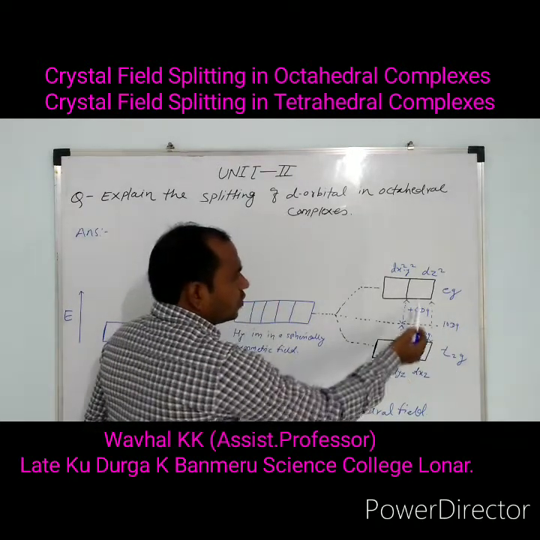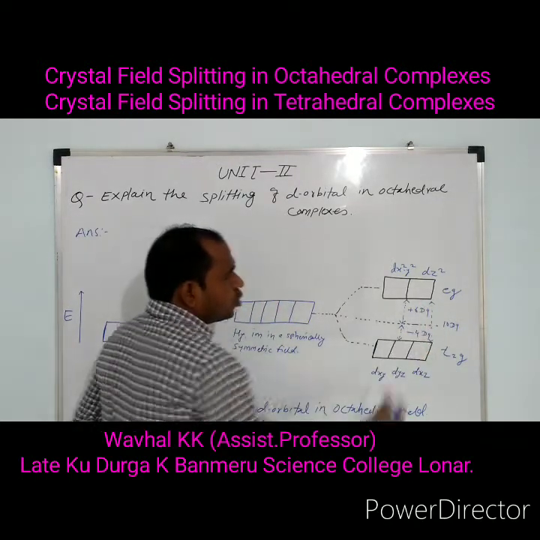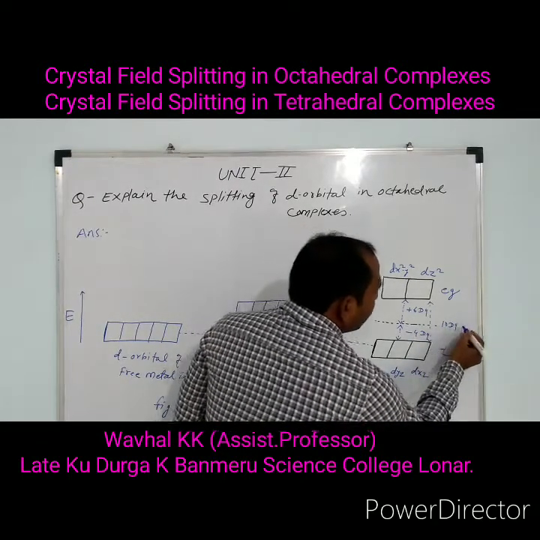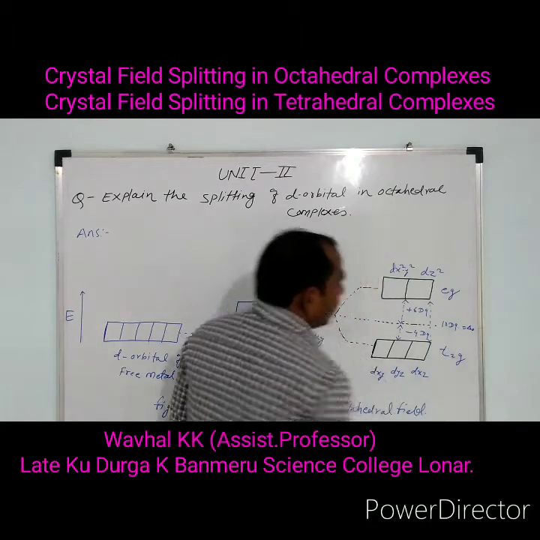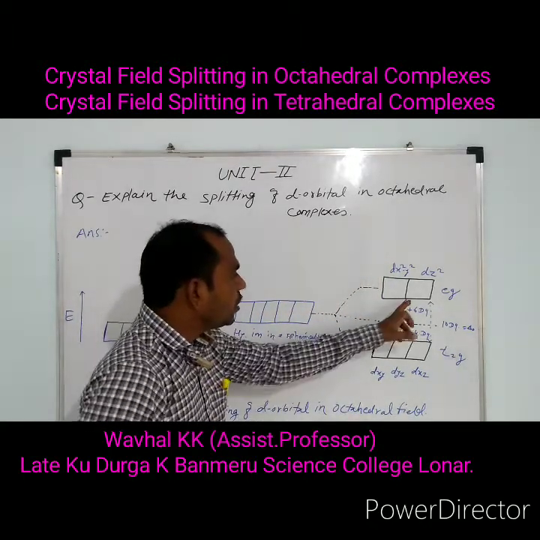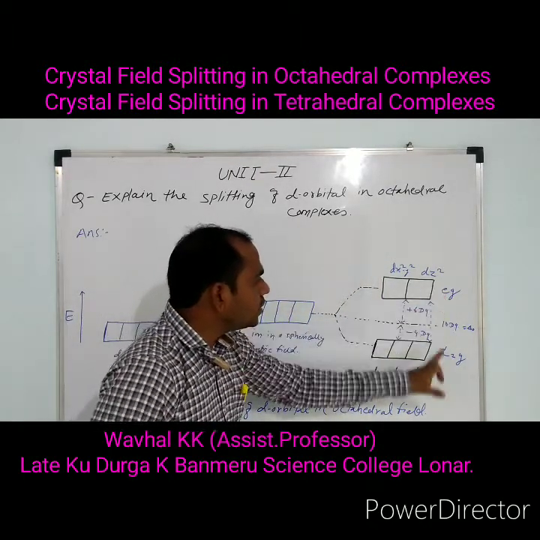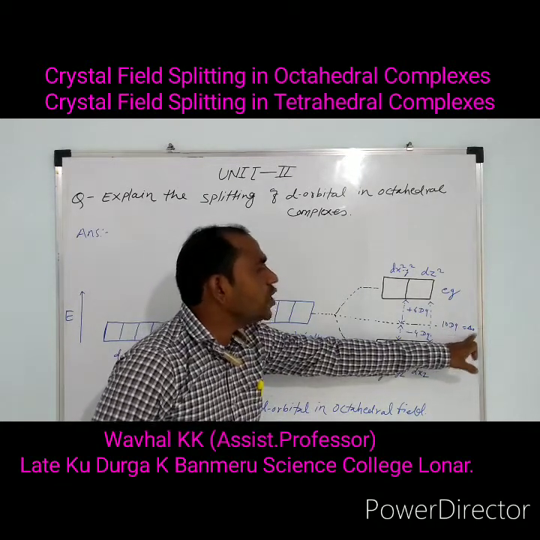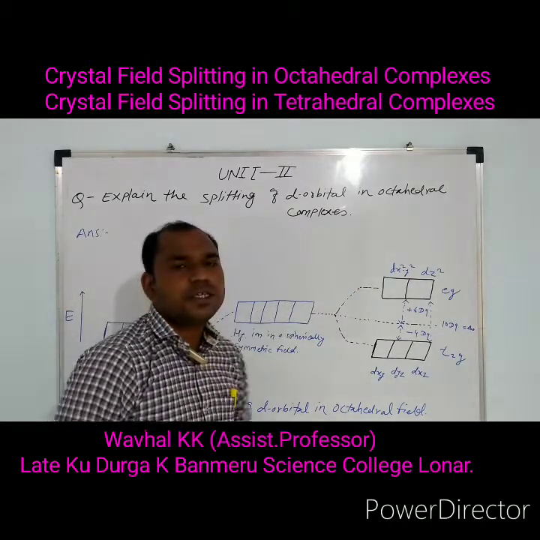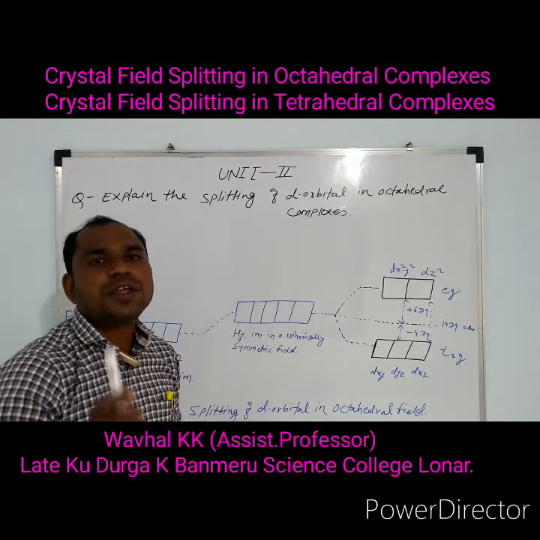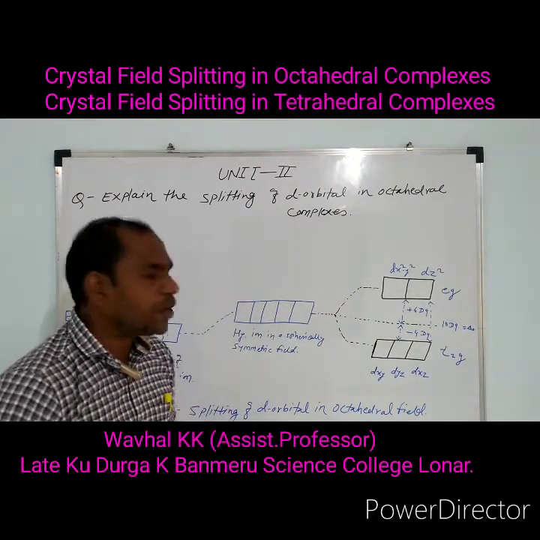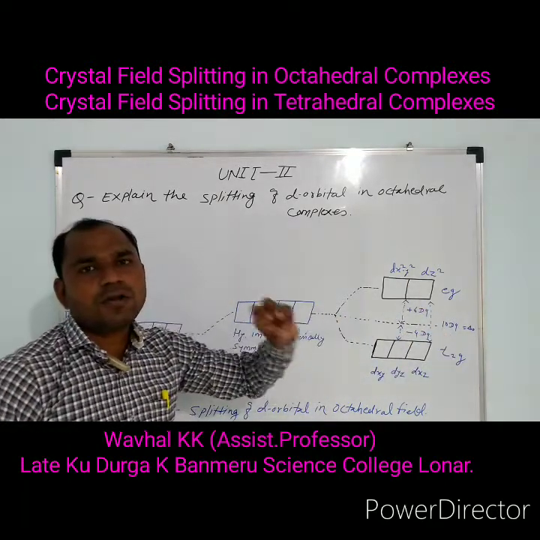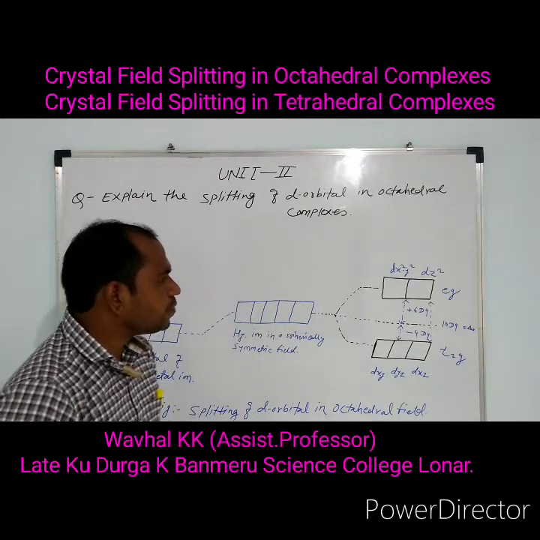The energy difference between Eg and T2g is 10 Dq, or delta octahedral, and this energy is called the crystal field splitting energy in octahedral geometry.